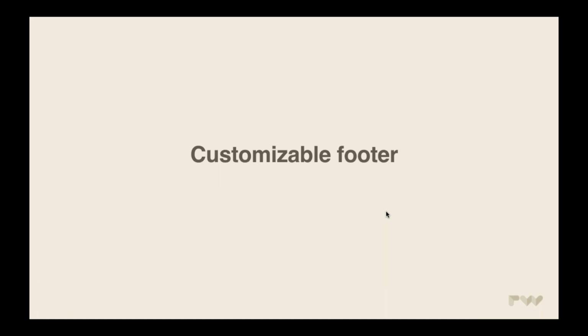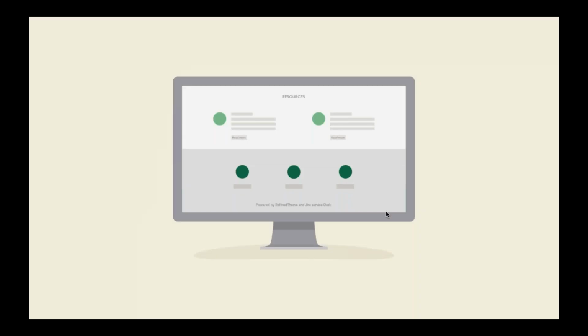Great. So the last main thing I'm going to tell you about today is the customizable footer. And this one is very straightforward. Essentially, as I've shown you a few times, you have your landing pages in the form of site, category, or customer portal.